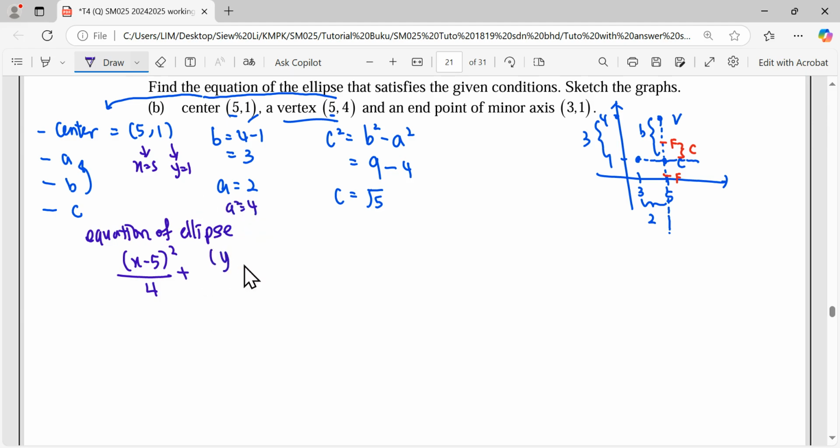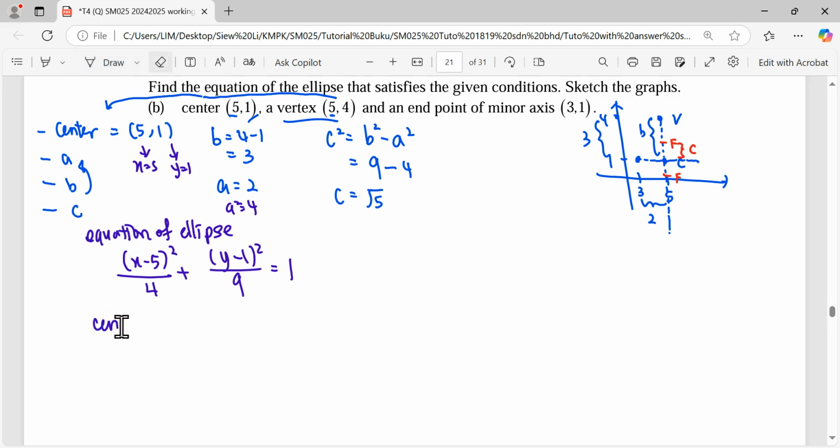Then (y minus 1) squared over b squared, the vertical value, b squared gives us 9, equals 1. So this is our equation. And we find the points that we want, because we need to label the center. We have it already.